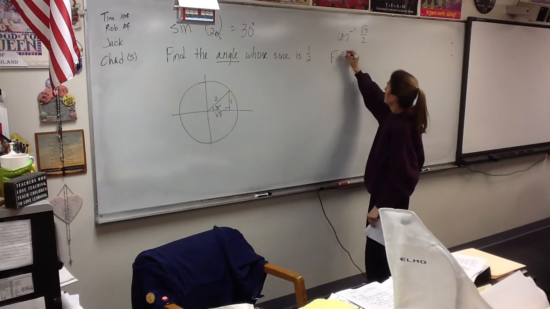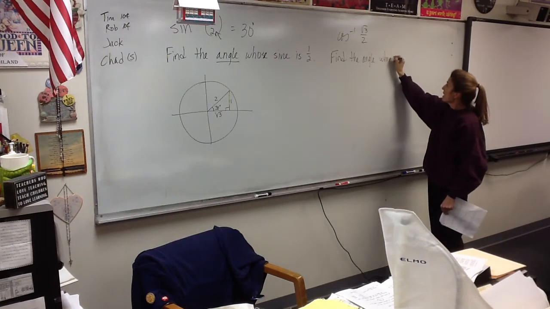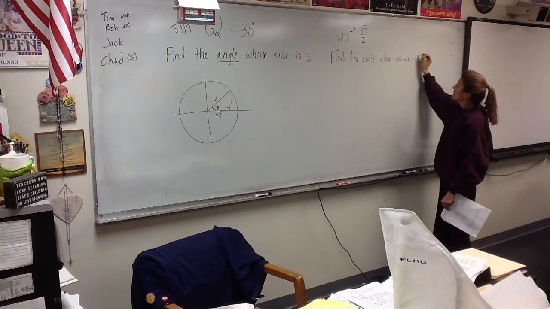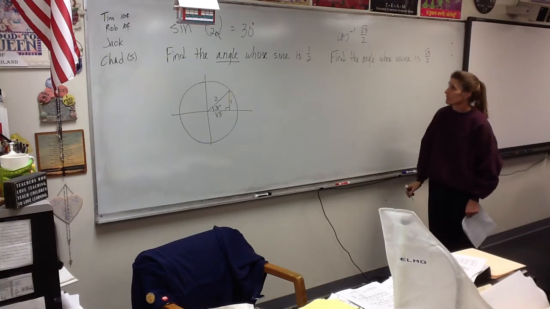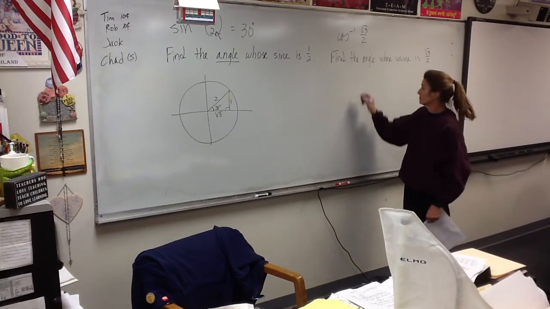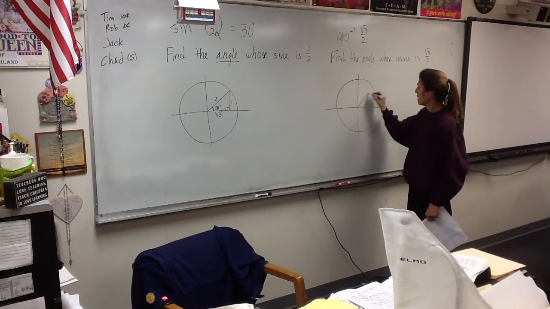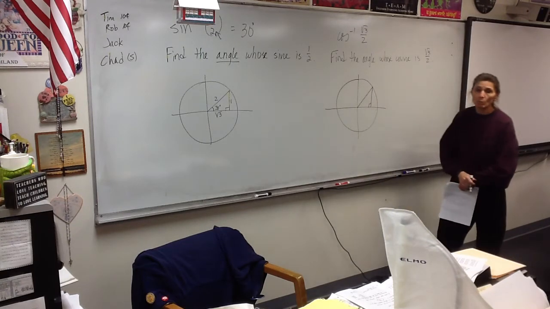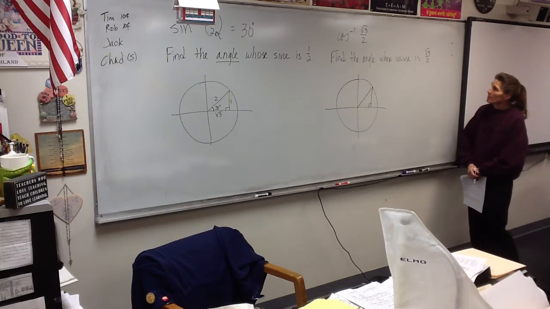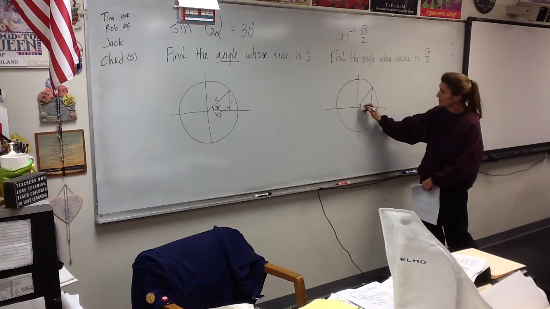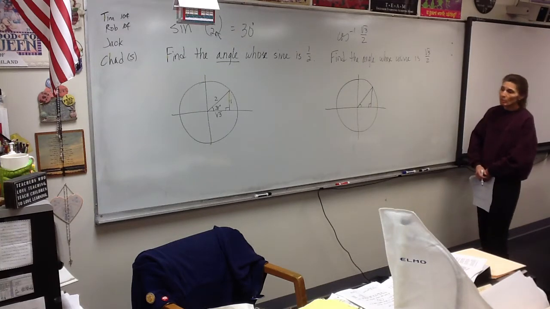B says, find the angle whose cosine is √3/2. That's a positive number. So I told you a minute ago, I hope you haven't forgotten already, if the number is positive, we're going to draw it in quadrant 1 every time. This time we want the cosine to be √3/2.